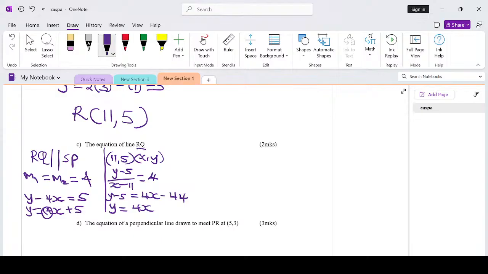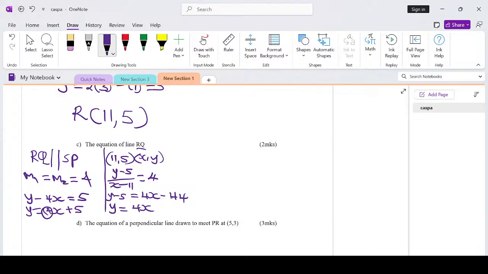First, I began by taking one of the points on RQ, that is point R, that is 11, 5, and formed another one. So change in y, that is y minus 5 over x minus 11, should equal 4.